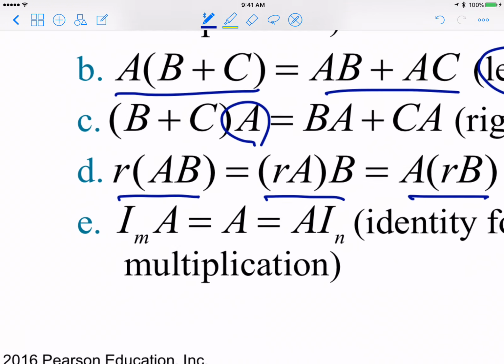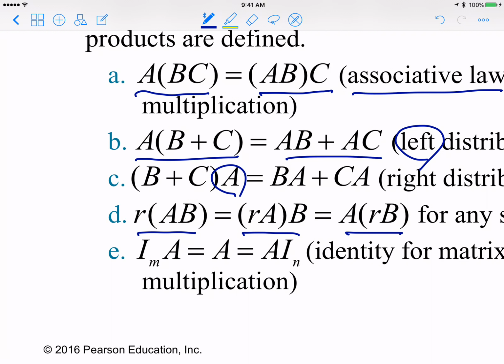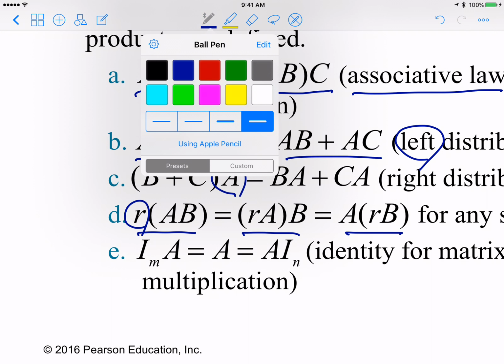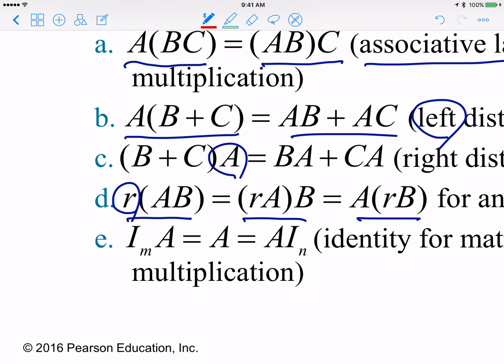So we cannot switch freely between the different matrices in the multiplication. But the reason why we can change freely the position of R is because R is just a scalar, right? So R is this small thing, and A is a big thing, and B is another big matrix, right?